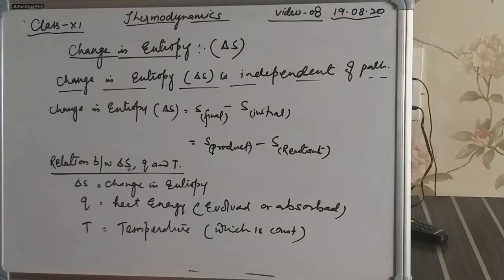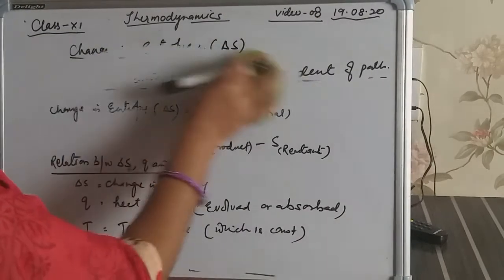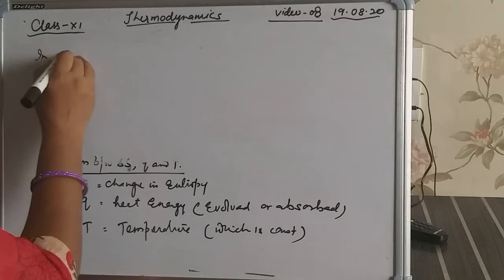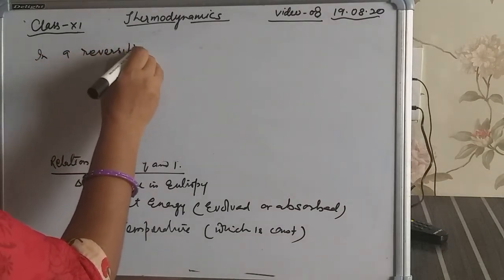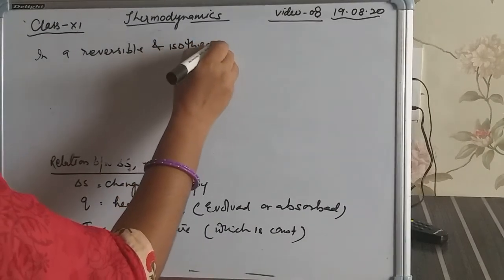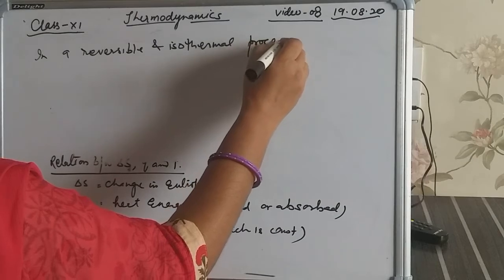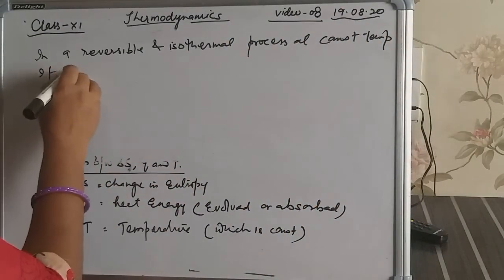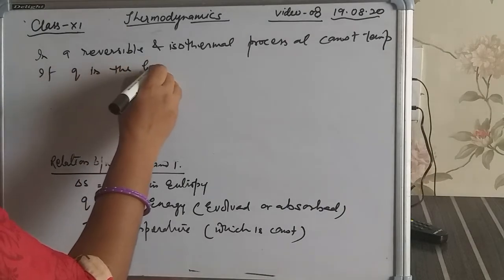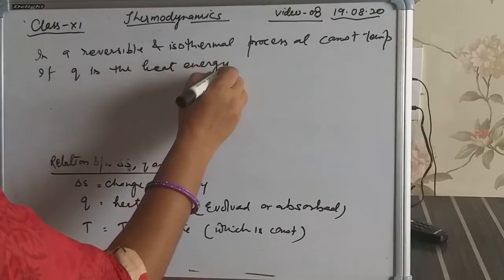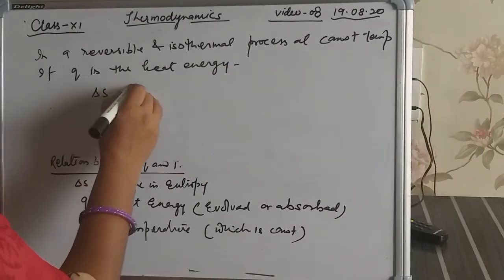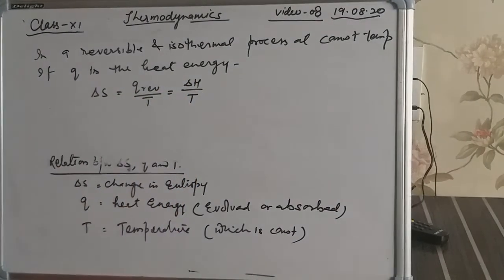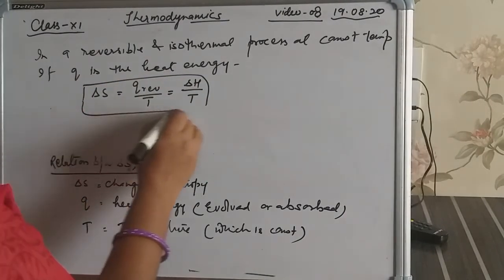So in a reversible and isothermal process at constant temperature, if Q is the heat energy, then change in entropy equals Q reversible by T. This makes one equation.